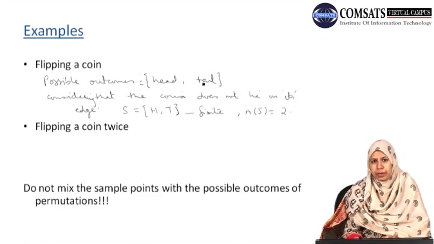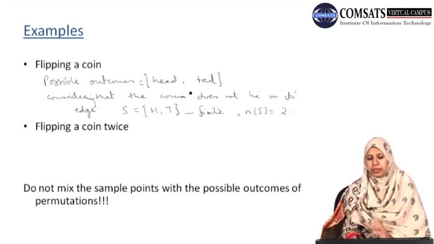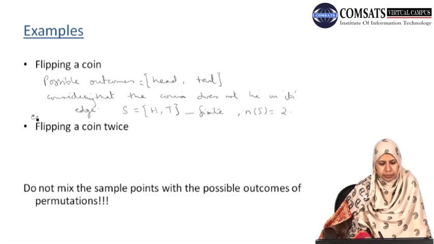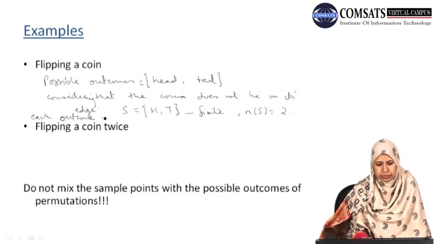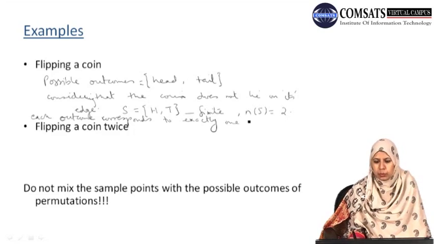If we obtain a tail, this outcome will correspond to exactly one element in our sample space. So each outcome corresponds to exactly one element in our sample space S.